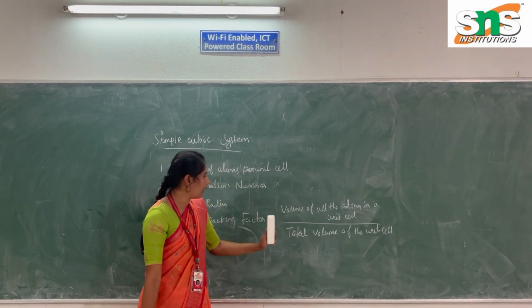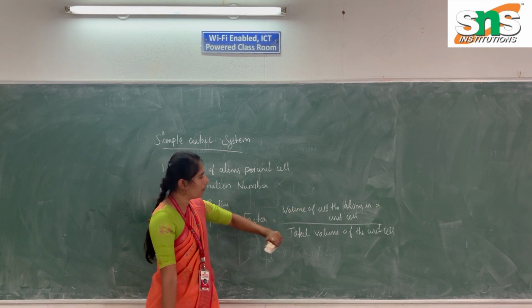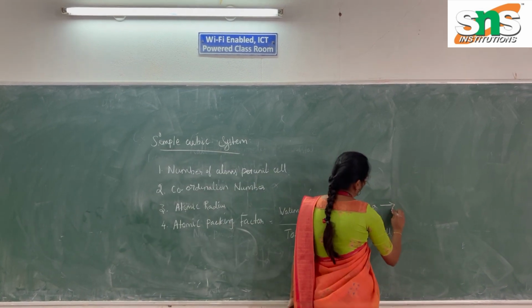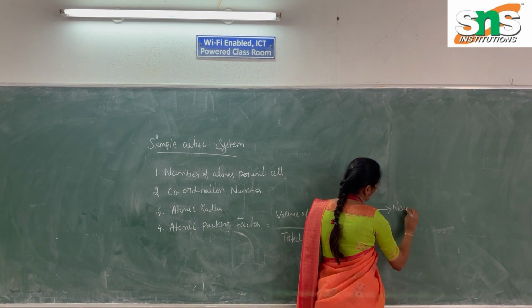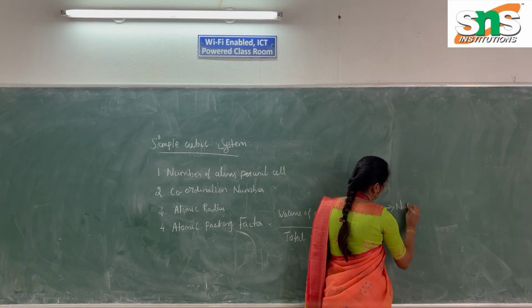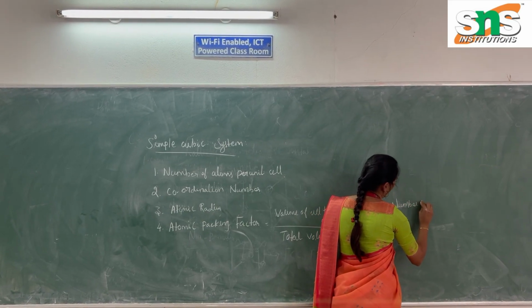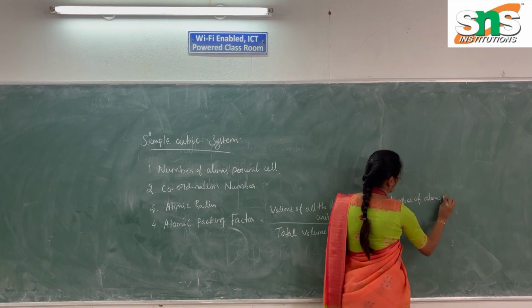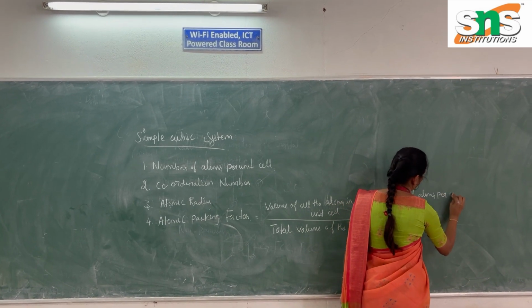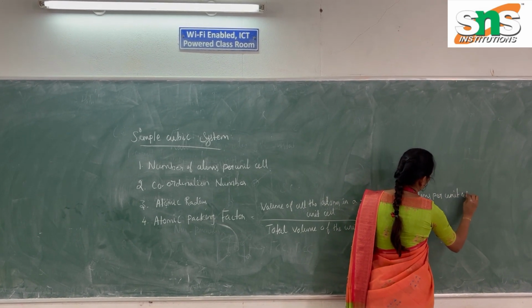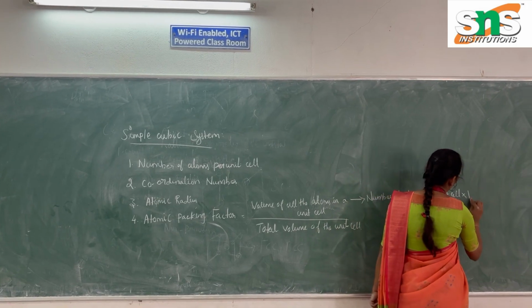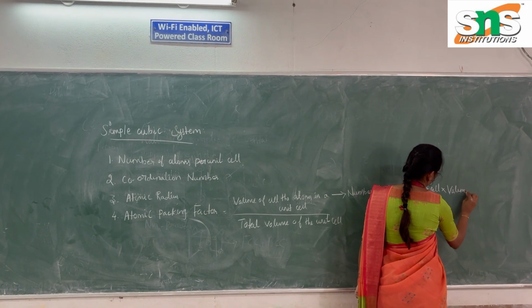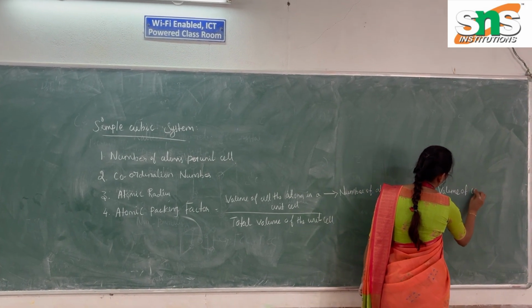the unit cell. Again, volume of all the atoms in a unit cell formula is number of atoms per unit cell into volume of one atom.